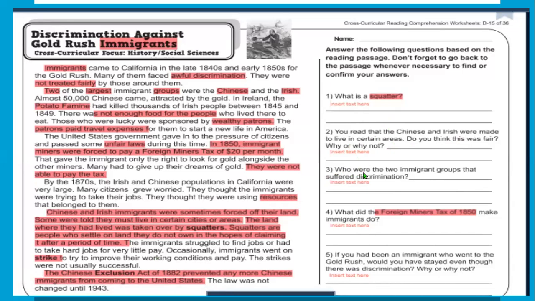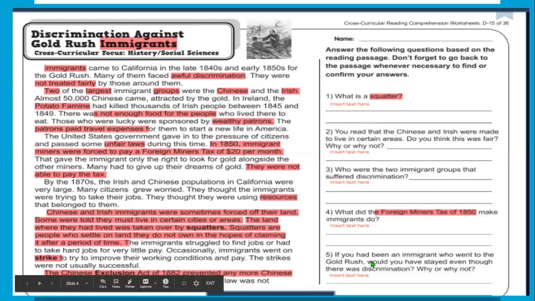Three, who were two immigrant groups that suffered discrimination? Four, what did the foreign miners tax of 1850 make immigrants do? And five, if you had been an immigrant who went to the gold rush, would you have stayed even though there was discrimination? Why or why not? And that's your opinion, okay?